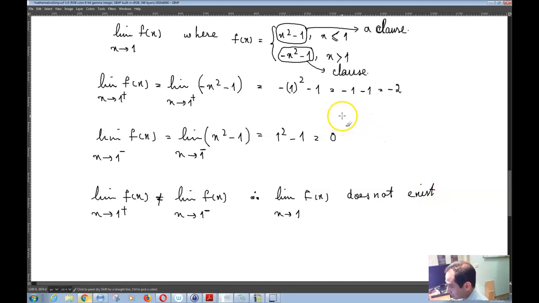And this function is defined at x equal to 1. The value of f of x at x equal to 1 is f of 1, which you can calculate using this clause over here, which is 1 squared minus 1, which is equal to 0. So the function is actually defined at x equal to 1, but the limit of the function at x equal to 1 does not exist.